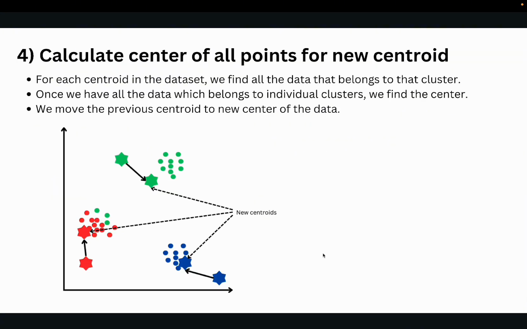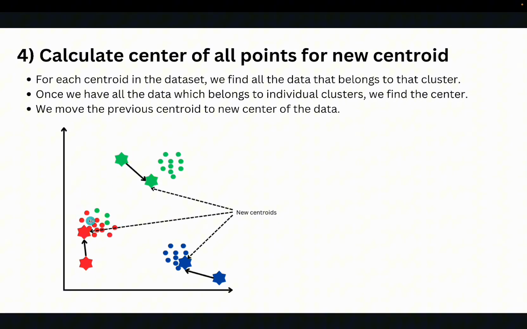In step 4, since we have assigned all the data to a particular cluster, the next step the algorithm does is, based on each group, it tries to find the centroid of all the data assigned to that group. Let's say initially we had green here, and we had all these data points assigned to this particular green.